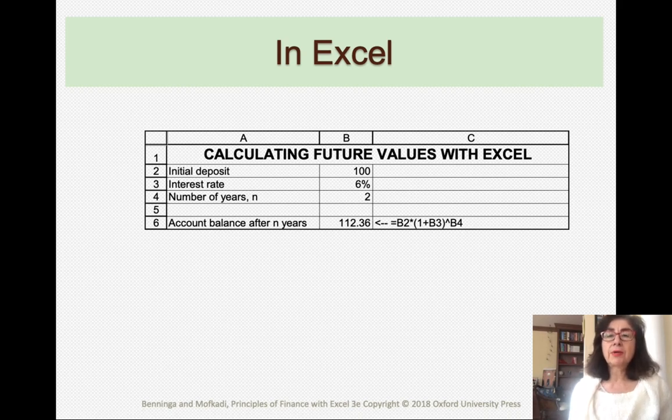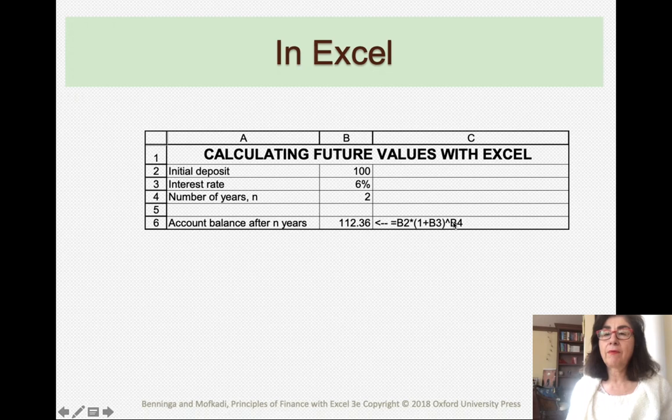So in this case, you can see that first of all we are using an equal sign. You always have to include an equal sign whenever you are performing a function in Excel. And then we put B2, because the initial deposit of $100 is in B2, multiplied by 1 plus B3, which is the interest rate, close parentheses, raised to the power B4.